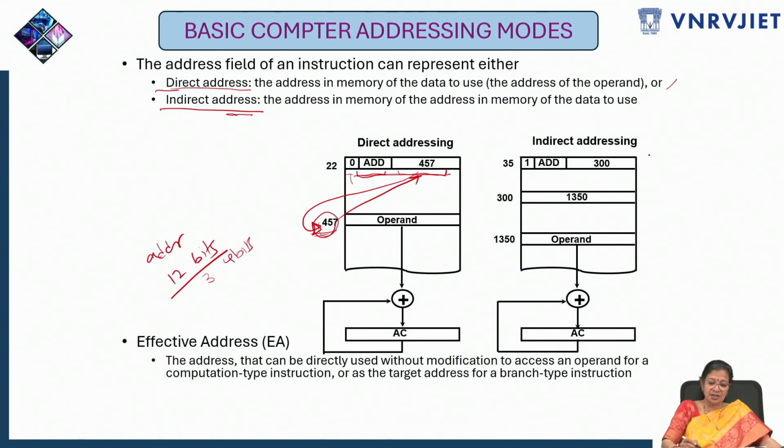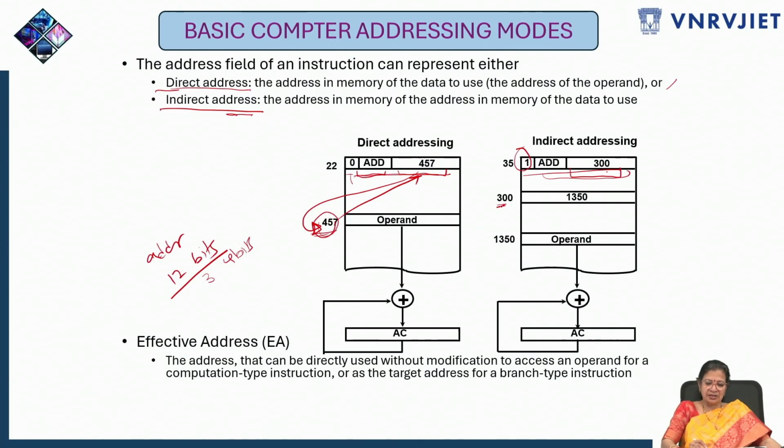Whereas in the indirect addressing mode, this is the instruction. This bit tells that it is an indirect addressing mode, and the operation is to add some content from memory to the accumulator, where the content at this address points to the address of the operand.